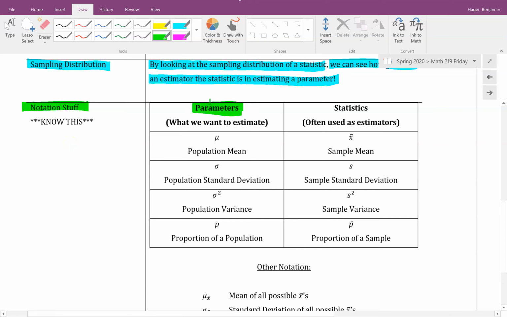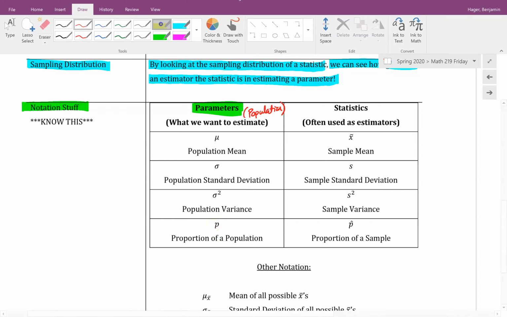Parameters. Remember, the parameters are the things we want to learn about the population, right? So that would be the population mean, the population standard deviation or variance, the proportion of a population. This could be, again, the proportion of all registered voters in America that are registered Democrat, okay?